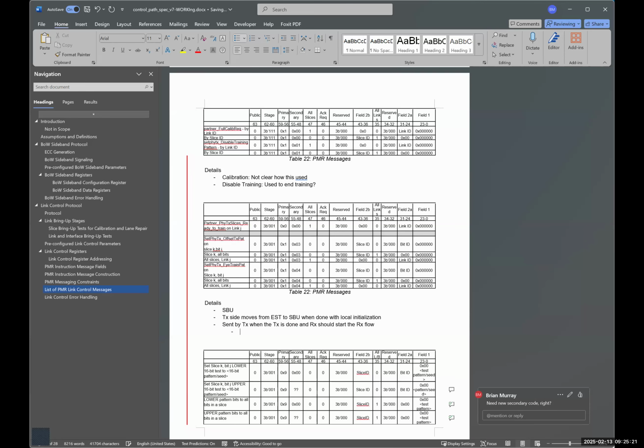And then this moves the RX side into SBU, right? Does that make sense?